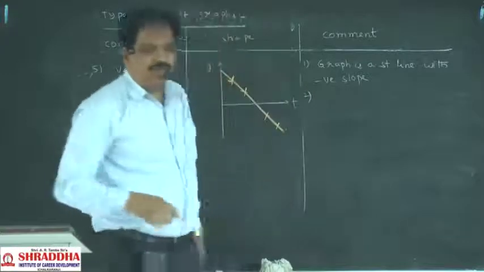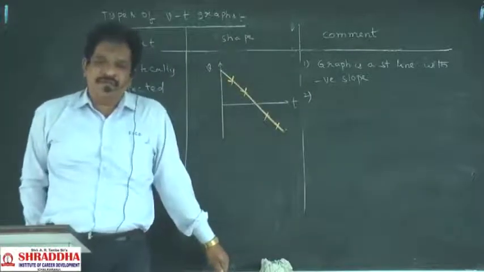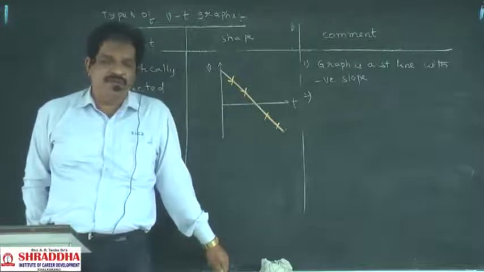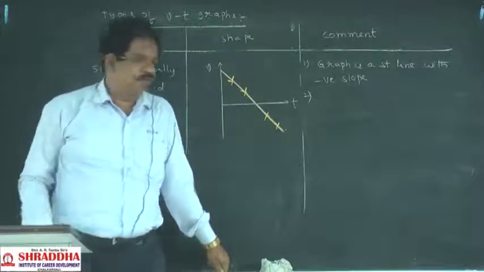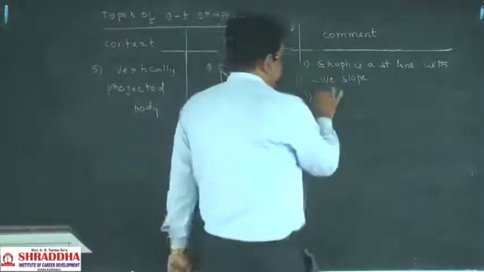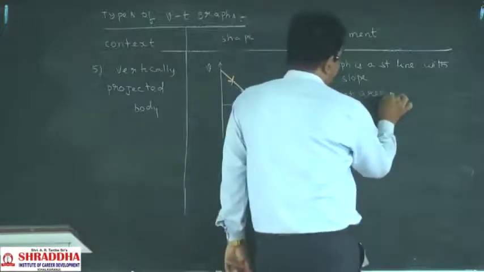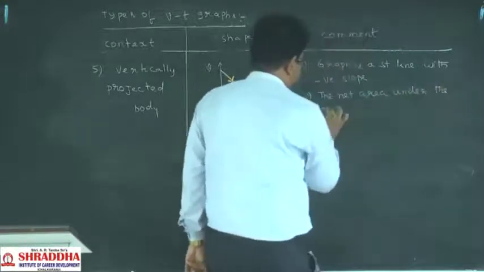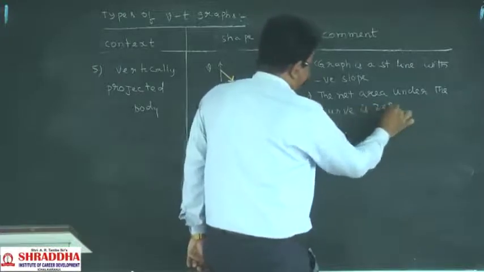Here, what is the final displacement of the body? Body started from one point and again it came to the same point. So net displacement is equal to 0. So the net area under the curve is 0.